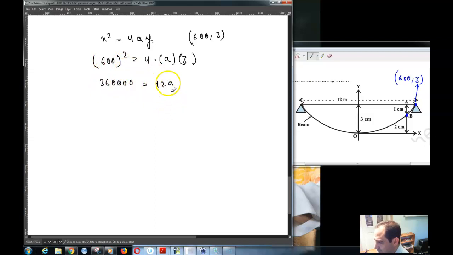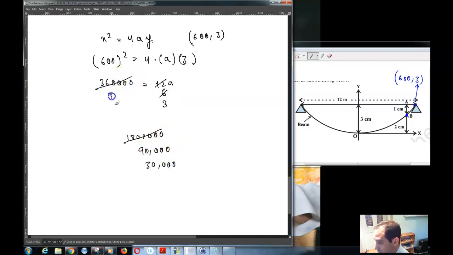Divide by 2 and you get 180,000, divide by 2 again and you get 90,000, and 90,000 divided by 3 would be 30,000.